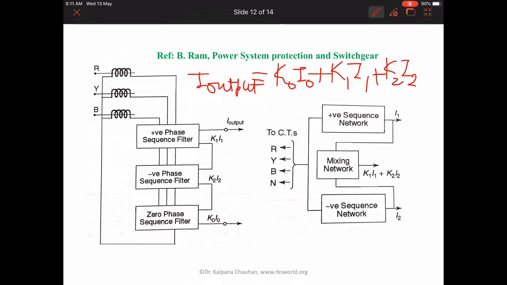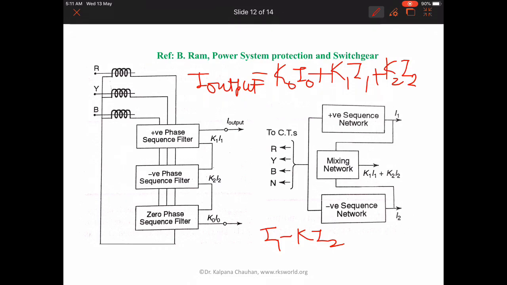The phase sequence filter giving an output in the form of I1 minus k I2 gives the most uniform response for any type of fault. The value of k may be 5 or 6.